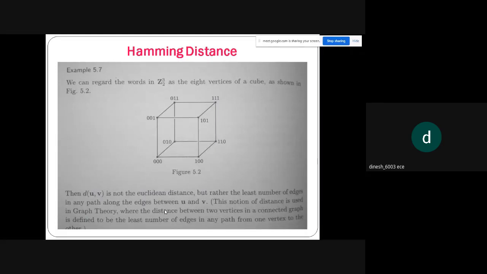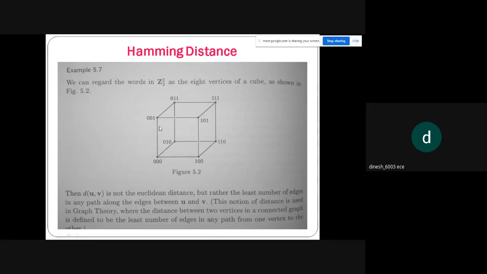So the range is 000, 001, which is 1, 010, which is 2, 011, which is 3, 100 is 4, 101 is 5, 110 is 6, 111 is 7. So these are the maximum possible combinations for m equal to 3.